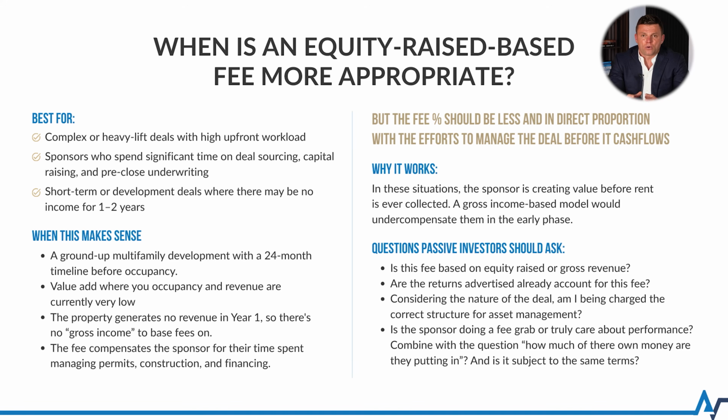Let's say there's a construction period before, and then a lease up, right? In that situation, the sponsor has to do a whole lot of work those 2 years, but there's no actual revenue for them to collect any money from. So when you see a deal where clearly the sponsor isn't going to be making money for the first year or 2 years, possibly in that situation, an equity-based fee could be appropriate.